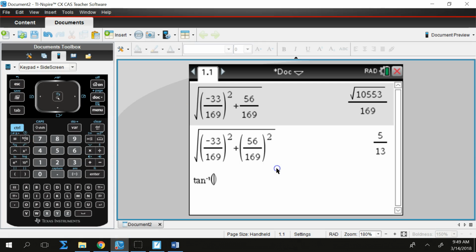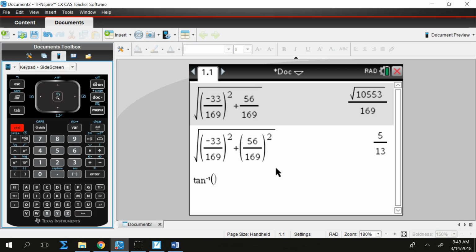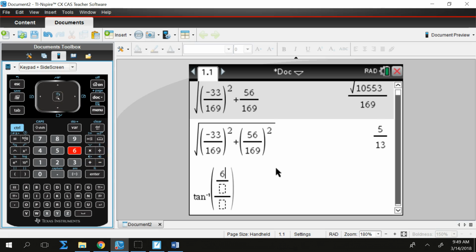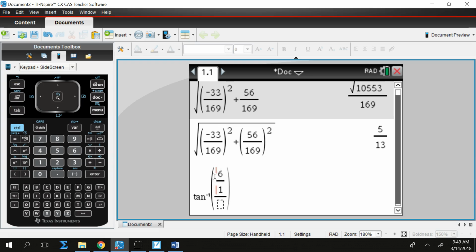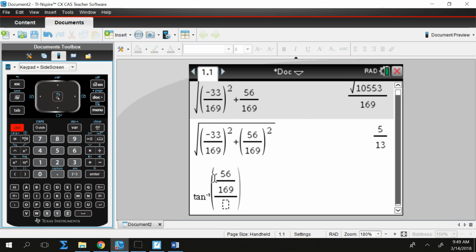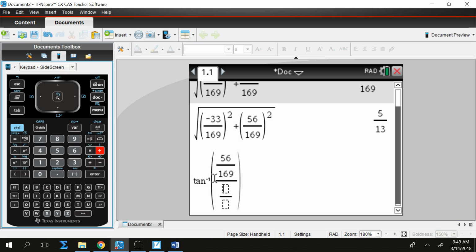Trig inverse tangent of a fraction, 56 over 169, and then I have another fraction down here of 33 over 169.